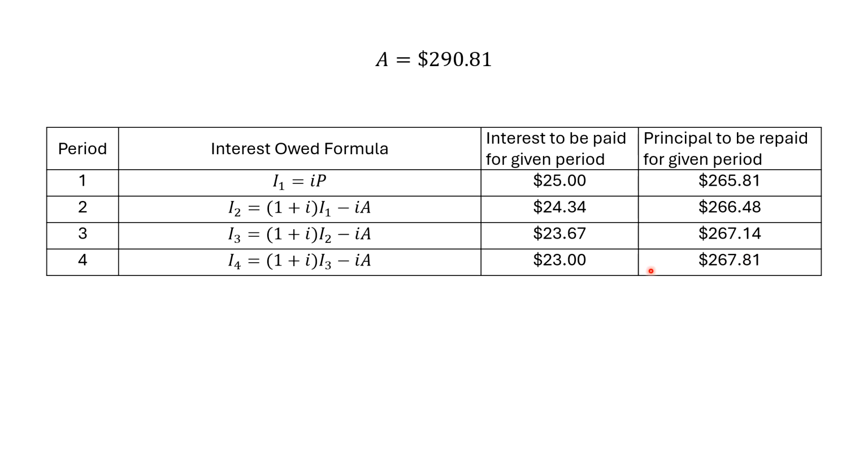So I have a program that'll do this for you, and it'll print out the entire breakdown to a spreadsheet. In this case, you would have 36 lines, and you can study the pattern of interest versus principal payback.